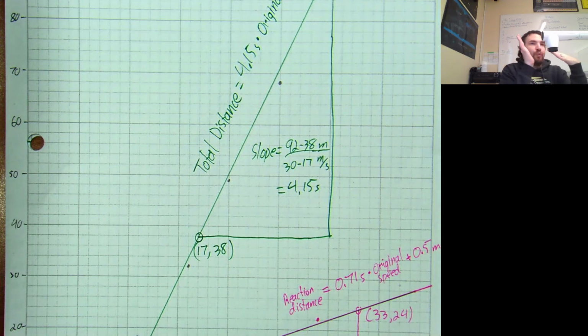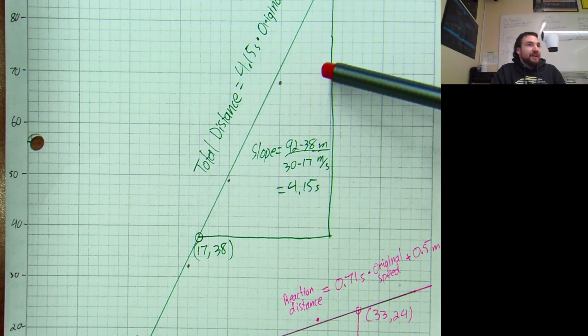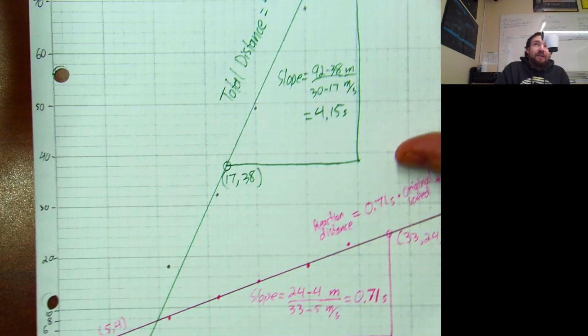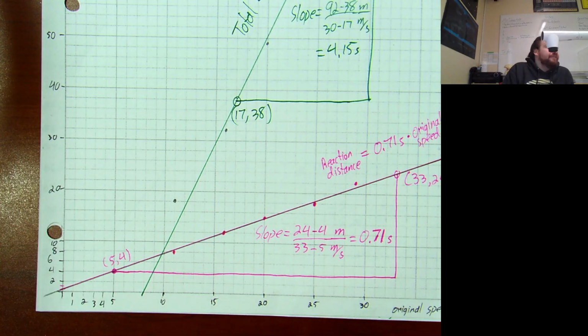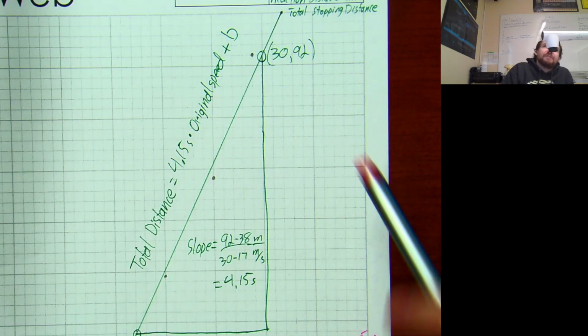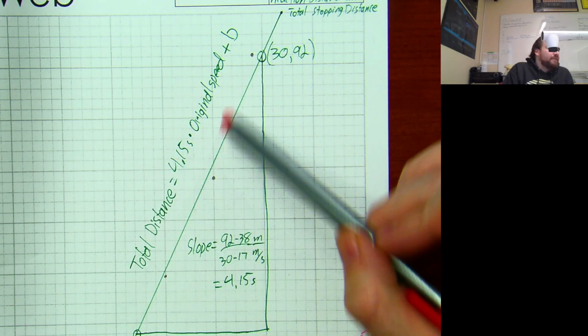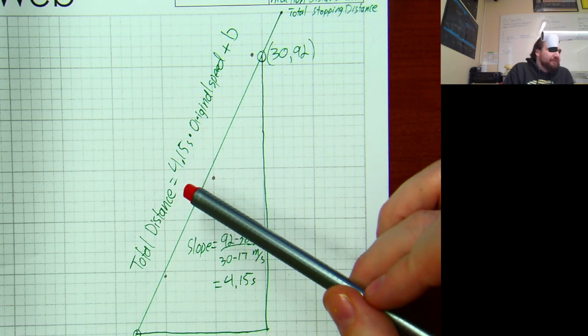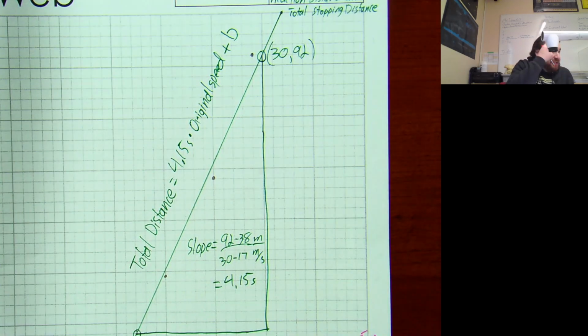Two different physical situations are coming together to give us our total stopping distance information. And so this wildly negative y-intercept doesn't have a lot of physical meaning, and so the equation for this doesn't have really good meaning either, because we're acknowledging the reaction distance piece.